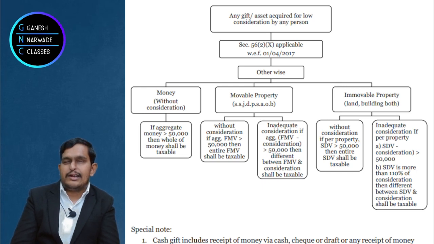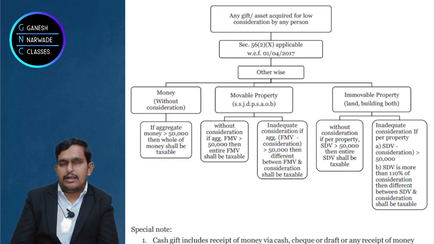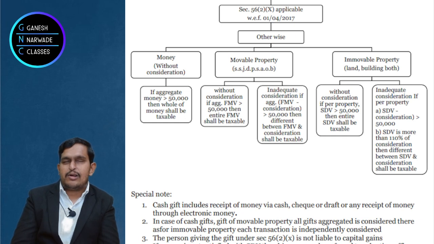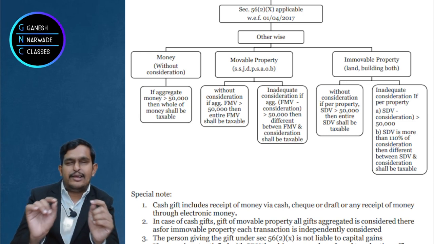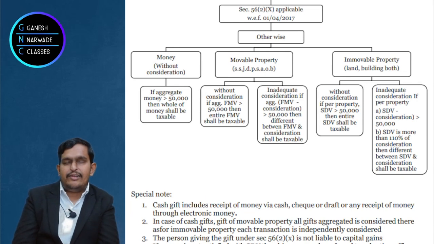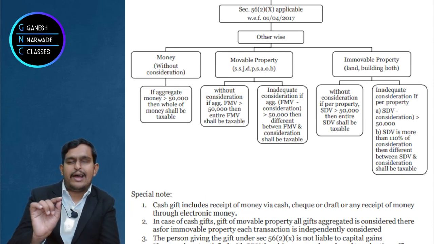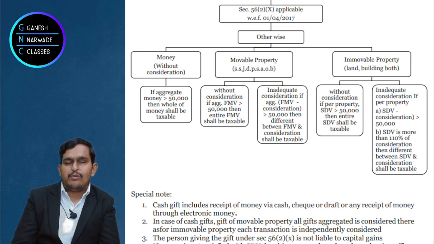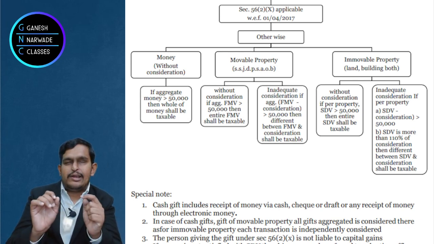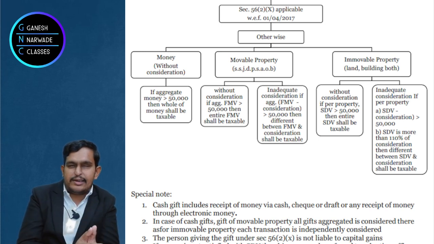Okay, this is the difference between cash, movable, and immovable property. Special note 2 over. Now come to immovable property. If immovable property is given totally free, then we'll simply check the stamp duty value, which is fixed by municipal authorities.